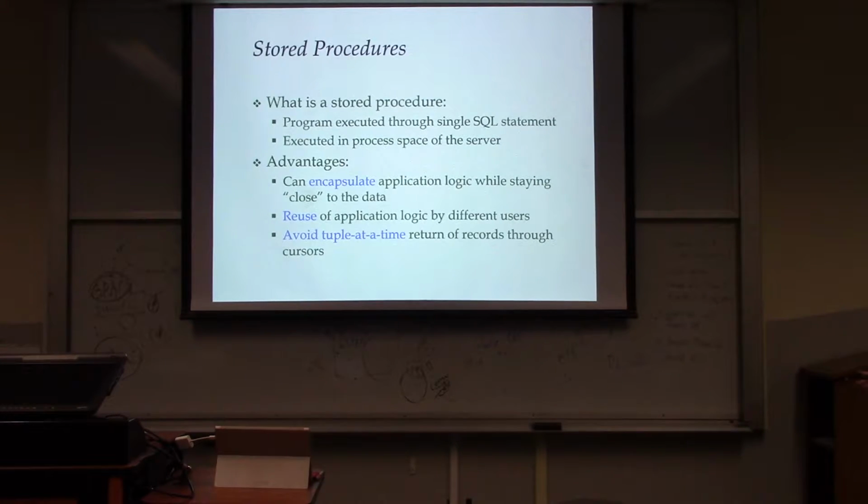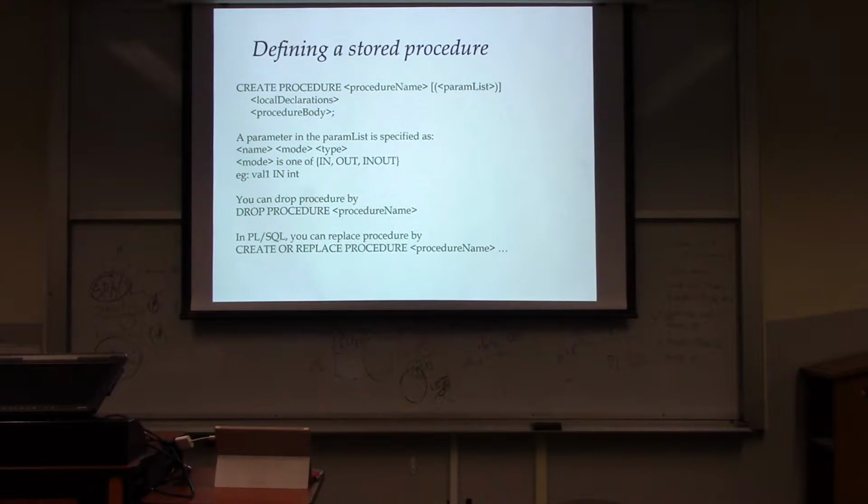So for the stored procedure, we will see a little bit more detail. I think the GA will do the simple exercise in the class. Did you do that in the last class? If not, it will be the next one. So there are two kinds of stored routines.